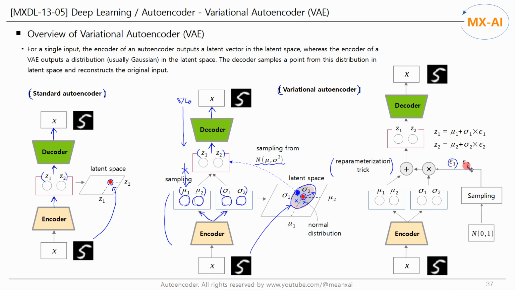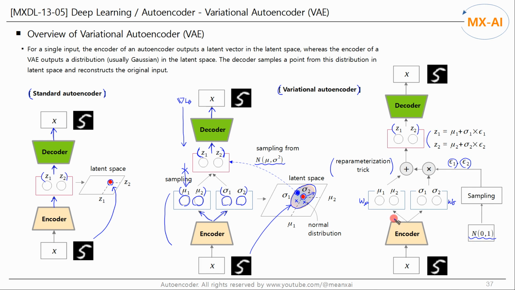We sample epsilon 1 and epsilon 2 from the standard normal distribution. And we compute the latent vector Z using the following formula. The latent vector Z computed in this way is similar to that sampled from this distribution in the figure on the left. Let's say that the parameters of this layer are W mu, and the parameters of this layer are W sigma.